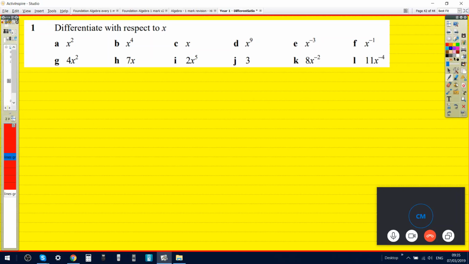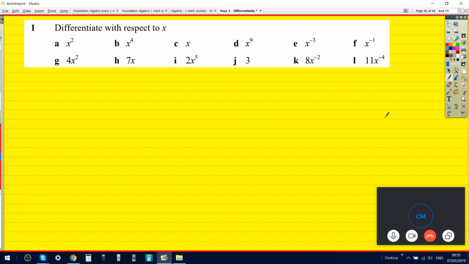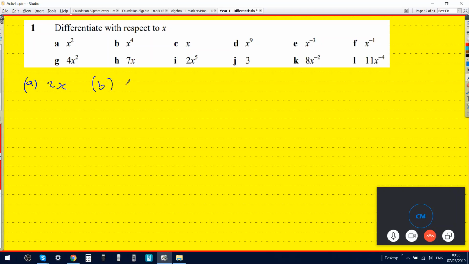Okay. So how would you, let's say, do the first one here? Is that just 2x? Yeah. Next one. 4x cubed. Yeah. Any idea about the next one?